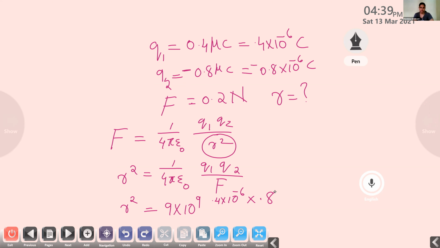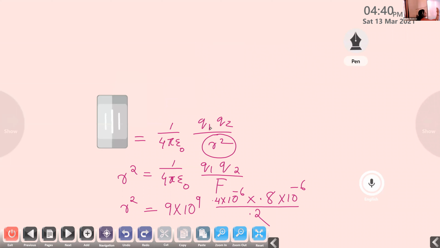Because it is the product of the magnitudes of the charges. Magnitude means modulus of minus 0.8, that is positive 0.8. So 0.4 into 10 raised to minus 6 into 0.8 into 10 raised to minus 6 divided by the force acting between them, which is given as 0.2.